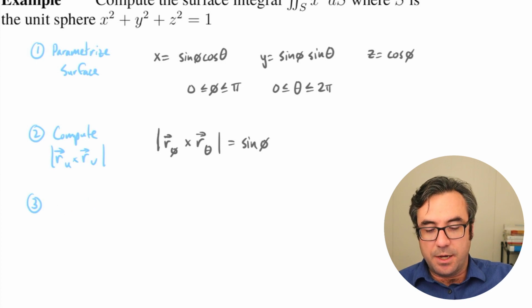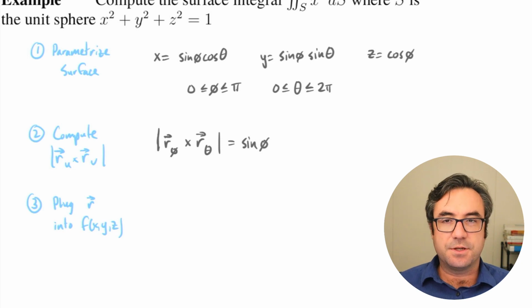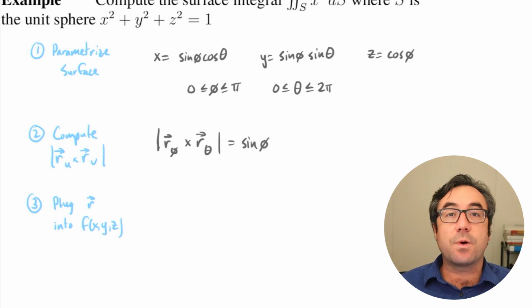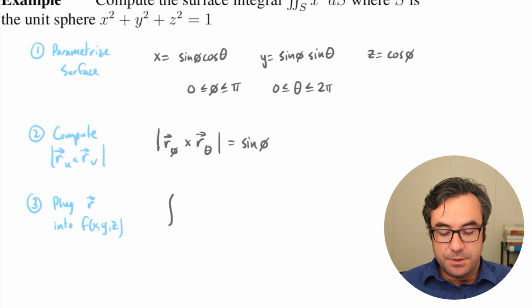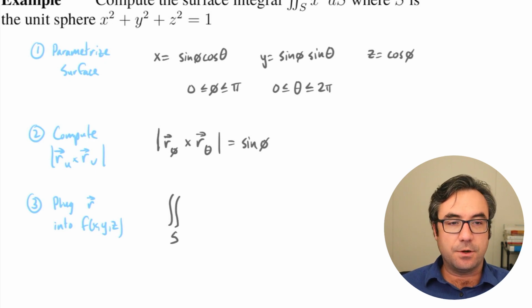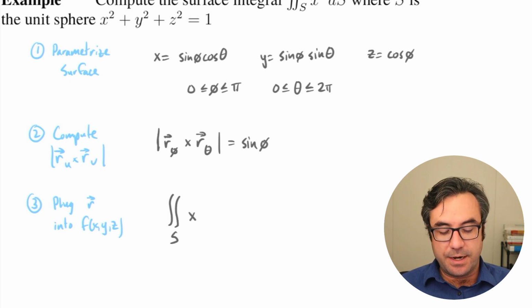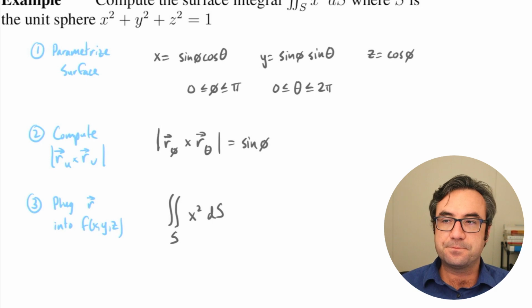So let's plug our parameterization r into the function we're integrating. Let's start writing out the integral. We're doing the surface integral, and the function we're integrating is x squared.